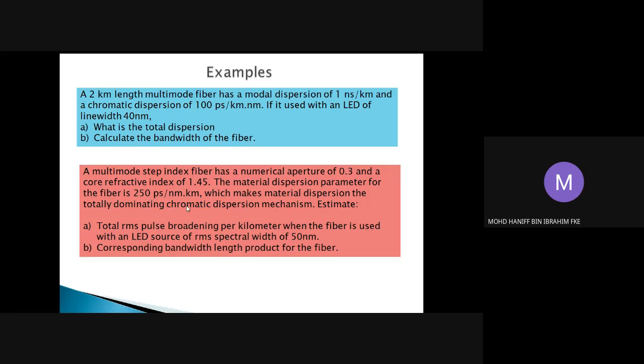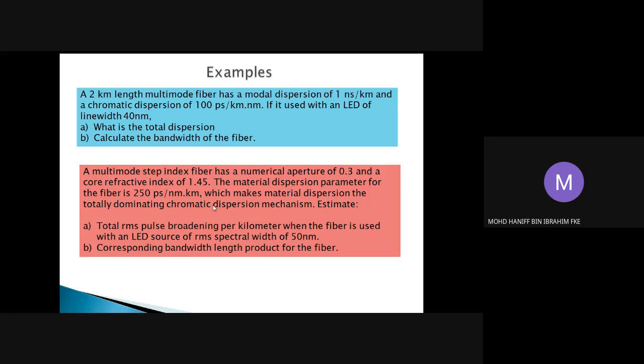What's the purpose of giving this NA and the core index? The purpose is for us to calculate the intermodal dispersion value. You can refer to the notes before on how to calculate the intermodal dispersion value.